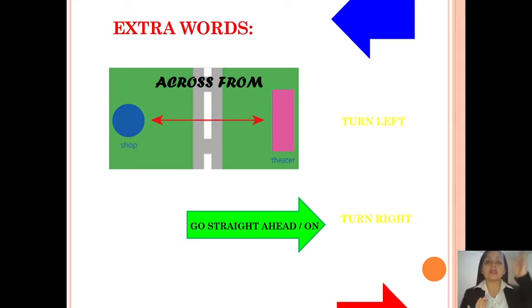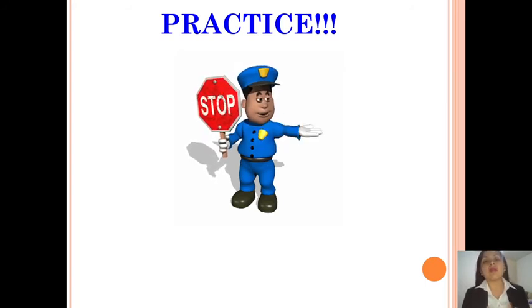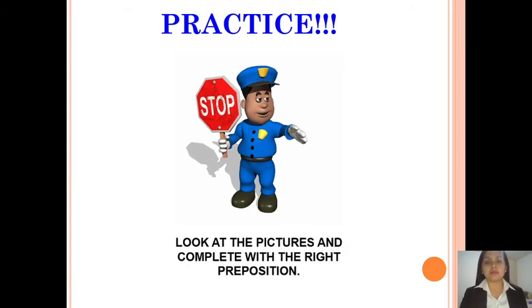So turn left and turn right, right? Now we are going to practice. We have to remember the vocabulary of the words and also the prepositions of place. We are going to join these two very important topics in order to practice.